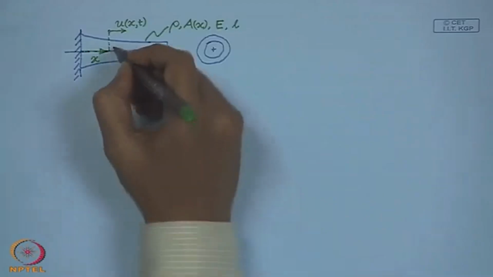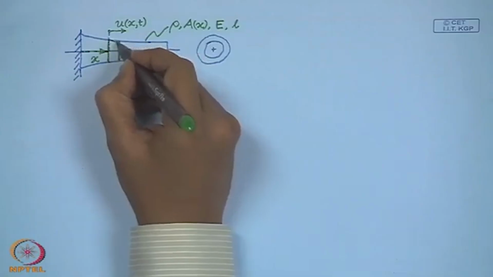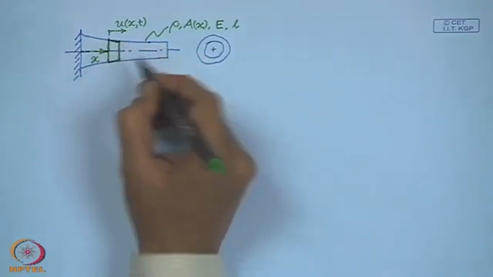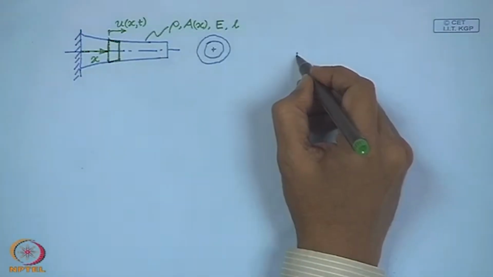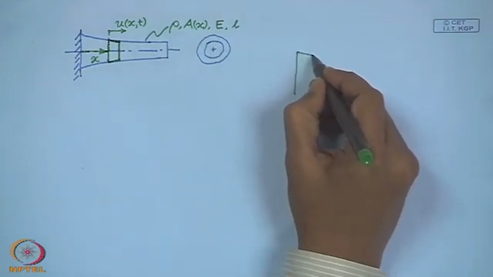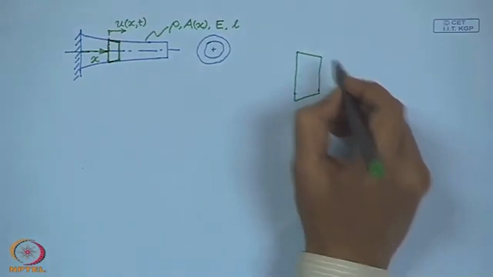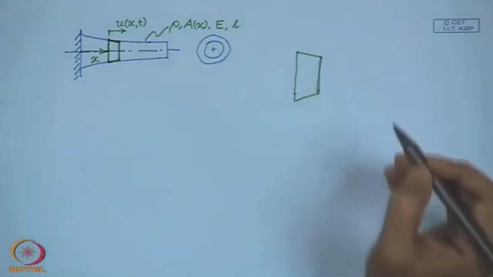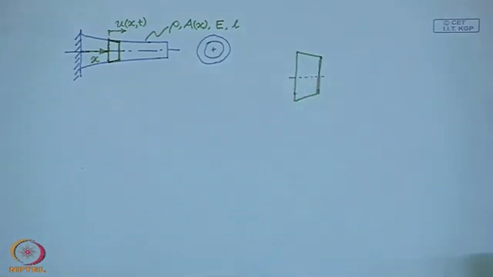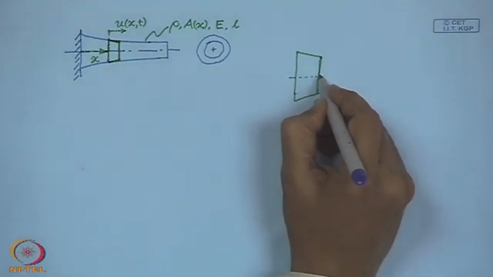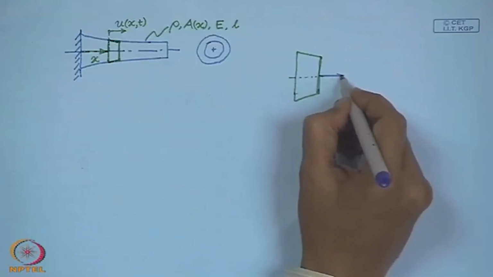So, what we will do is we will consider an infinitesimal, a small section of this bar as I have shown here, and draw its free body diagram. So, we will consider the stress.